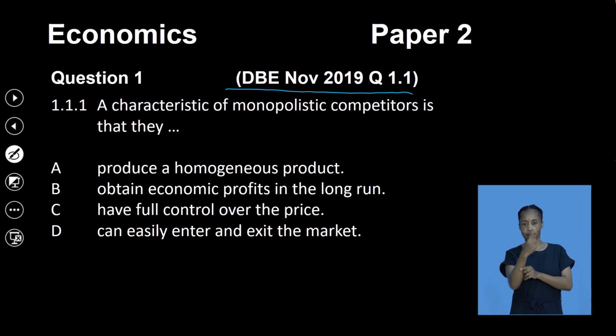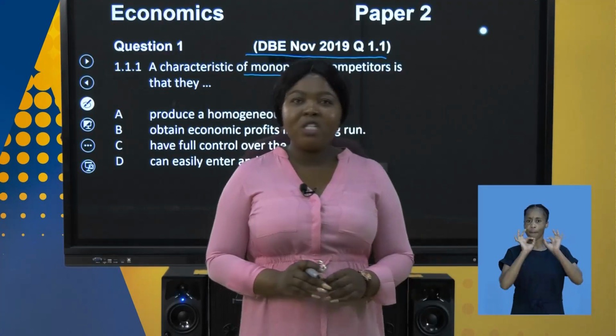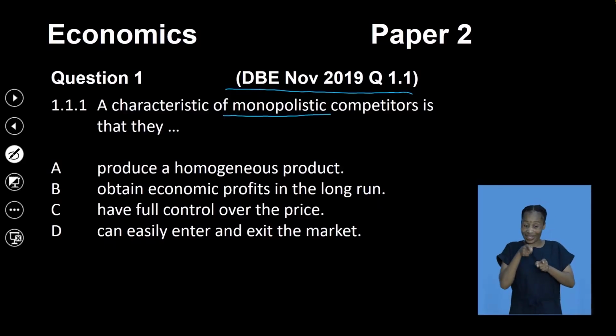Our first question says, a characteristic of monopolistic competitors is that they are... Remember, boys and girls, when we speak of the monopolistic competitor, it is a hybrid structure where we have perfect competition and also a monopoly. Please don't confuse the monopolistic competitor and the monopolist.